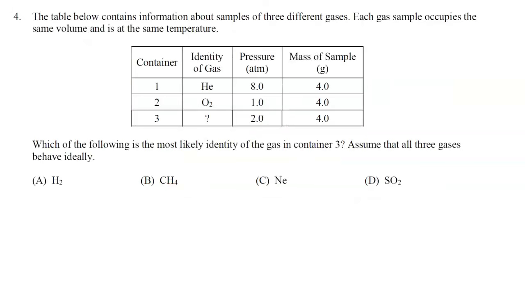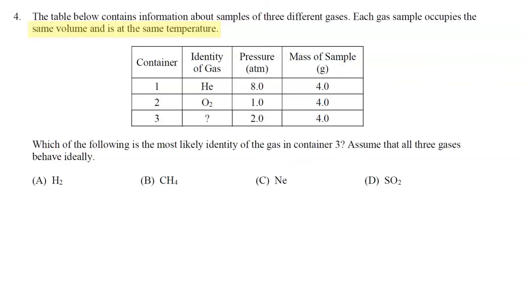Now let's take a look at question 4. Question 4 says the table below contains information about samples of 3 different gases. Each gas sample occupies the same volume and is at the same temperature. Which of the following is the most likely identity of the gas in container 3? Assume that all three gases behave ideally.